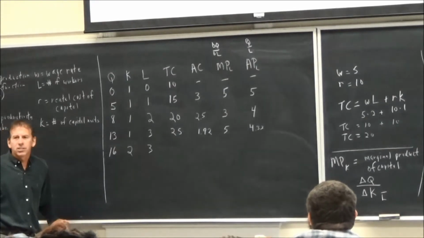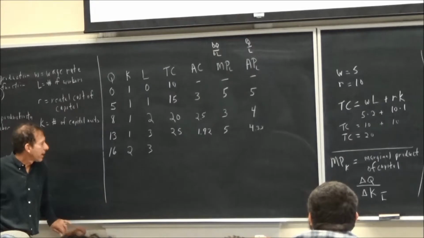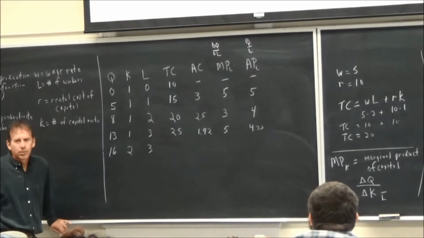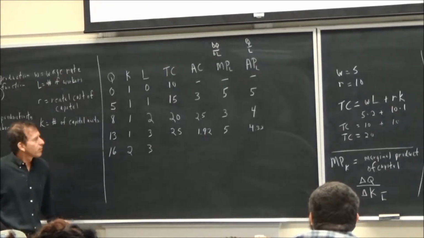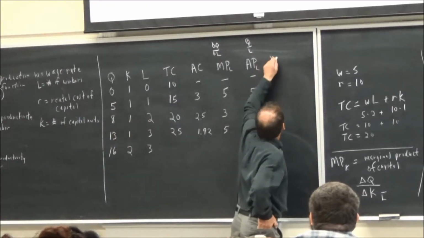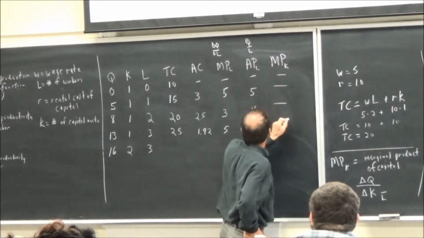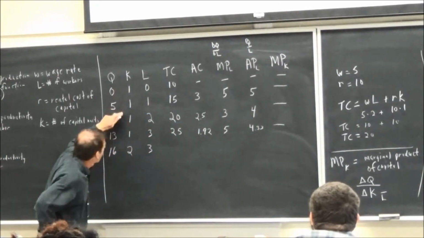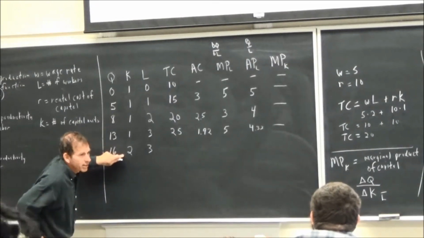How much does output change by? 3. Right? And how much does capital change by? 1. So what's 3 over 1? 3. So if we had another column here, it would be the marginal product of capital. We couldn't do it here, here, here, or here because we're not changing capital. You have to change capital in order to do a marginal product of capital.